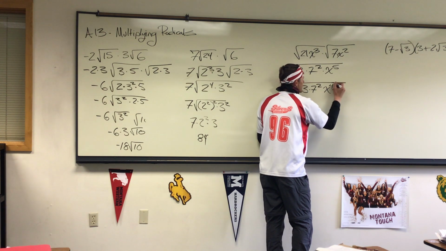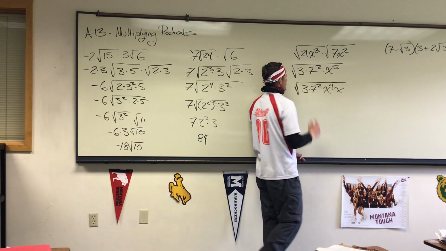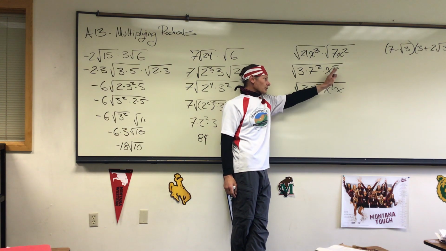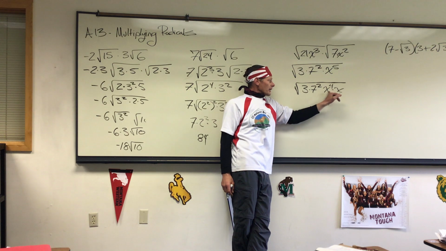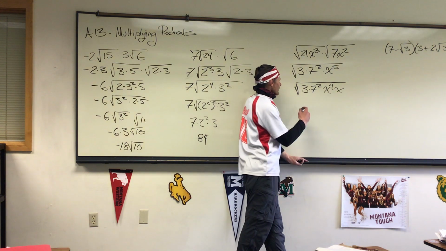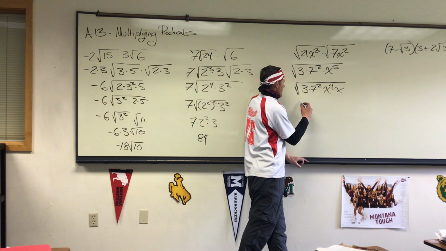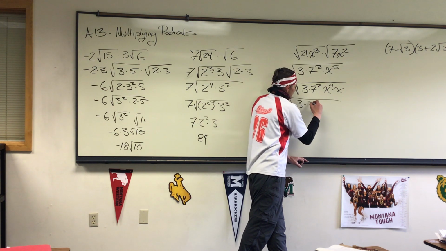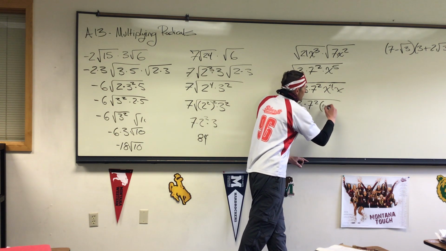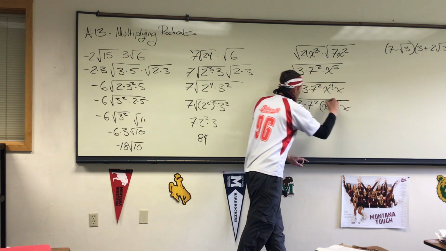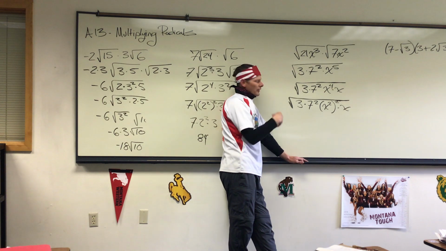So if we're taking an even root like a square root and the exponent is odd, we're just going to take one of those off because we can take the square root of an even exponent. So I'm going to rewrite it as the square root of 3 times 7 squared times x squared times x. So I can pull out all the perfect squares.